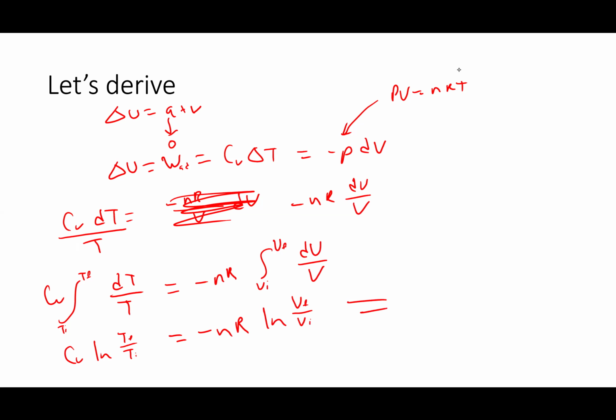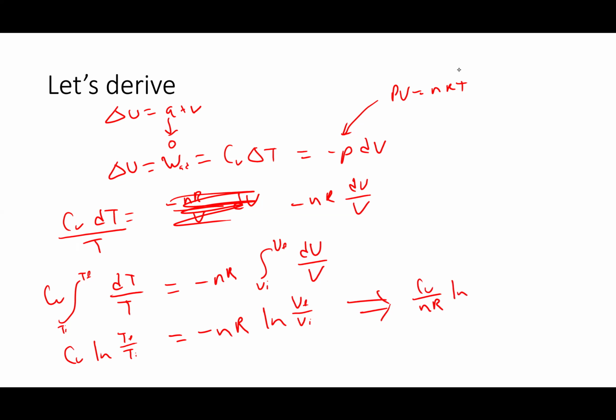And then from there, if we move all the constants to one side, our constants would be CV over negative nR. Then we can take out that negative and use it to flip the sign.